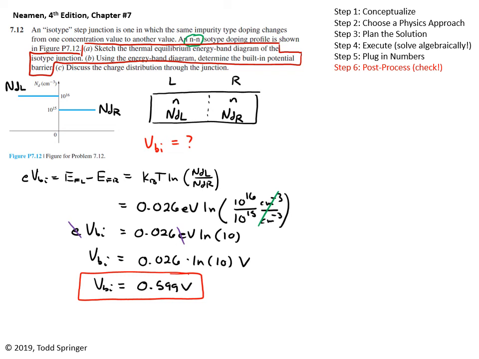Now that we have a numerical answer, let's spend a minute making sure that it makes sense. We've already checked that the units work, so there's no problem there. The other thing you can check is that anytime you derive an algebraic formula, so we have this nice algebraic formula here, which is true for any problem of this type with these two different dopings, you can check your formula in special cases.